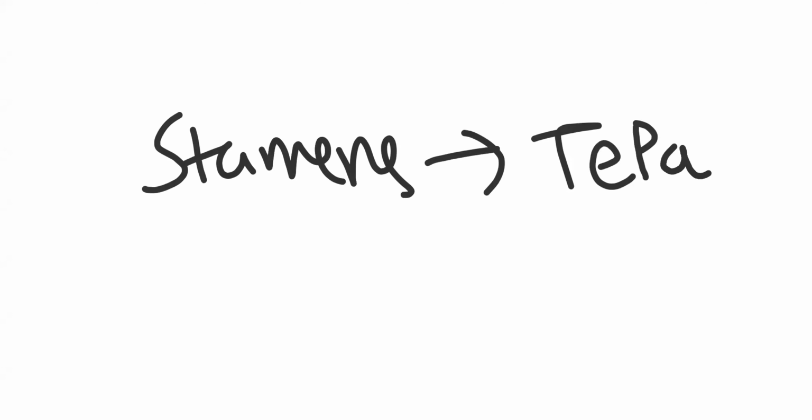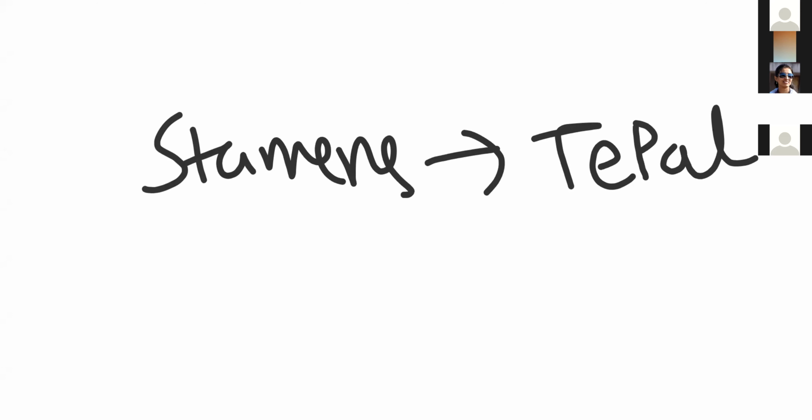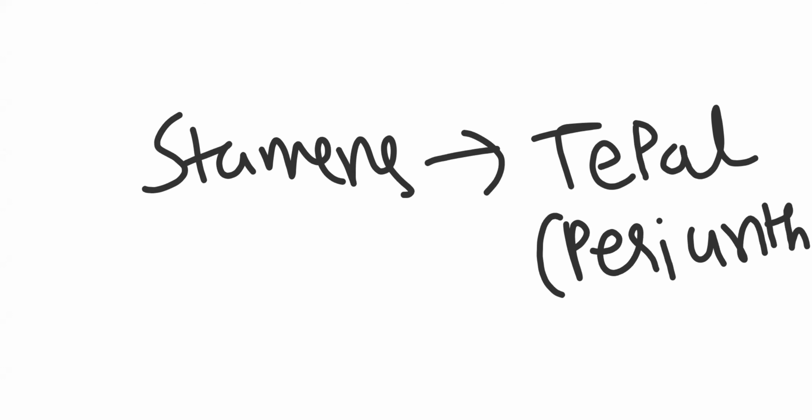Second condition is in which stamens unite to tepals. Remember what is tepal? Stamens unite with tepal that we call perianth. Can anyone tell me what is perianth? Quickly. Yes, calyx and corolla look the same.